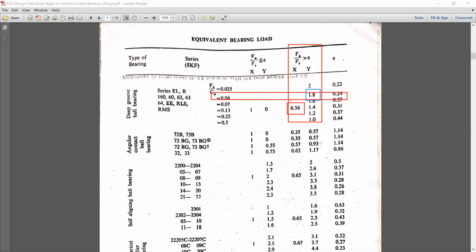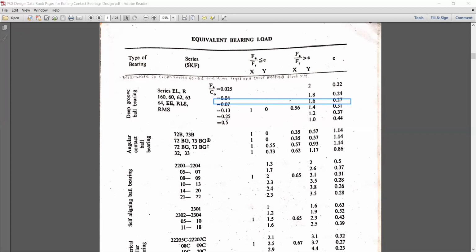Now similarly, we need to calculate for the third phase. In the third phase, the Fa upon C0 ratio is 0.062 and Fa upon Fr ratio is 0.375. As the Fa upon C0 ratio is 0.062, which lies above 0.04 and lesser than 0.07, that's why we have considered this column.